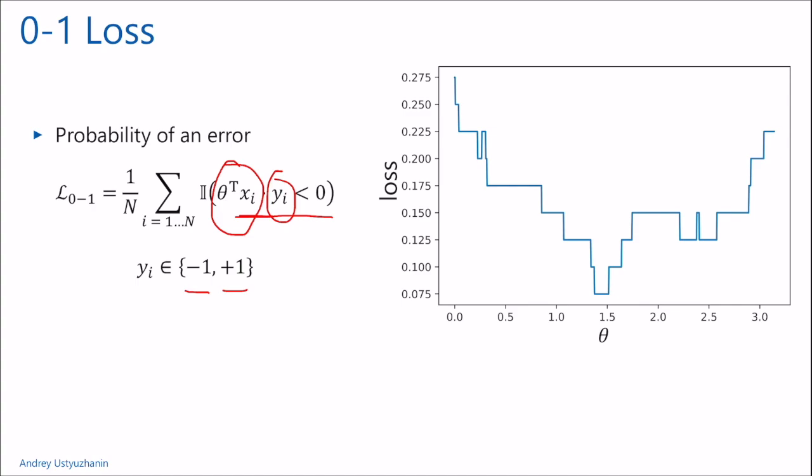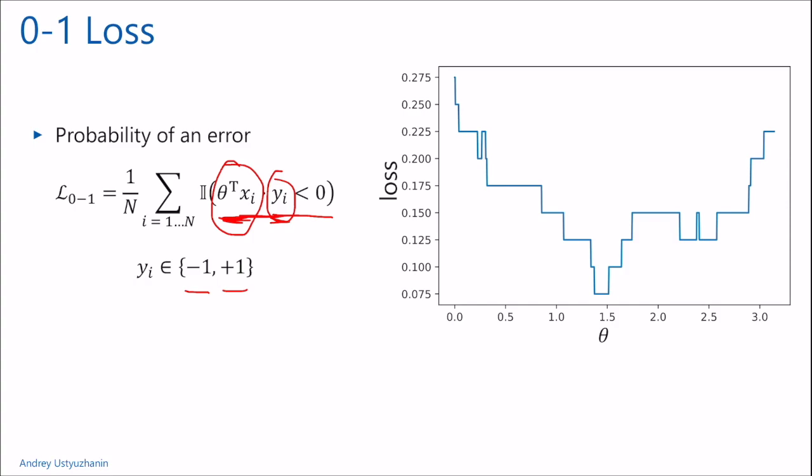So if it is negative, it means that we have an error of classification. So those signs of prediction and the ground truth do not match. So it is just another way to write down the error of our classifier.